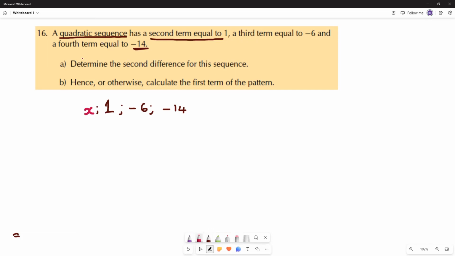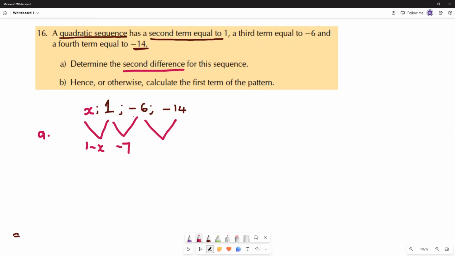Then the first question says determine the second difference of this sequence. Remember, we just have to subtract here. 1 minus x will give you 1 minus x. You can't do anything. -6 minus 1 is going to give you -7.